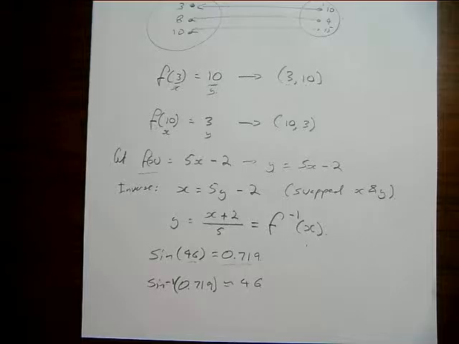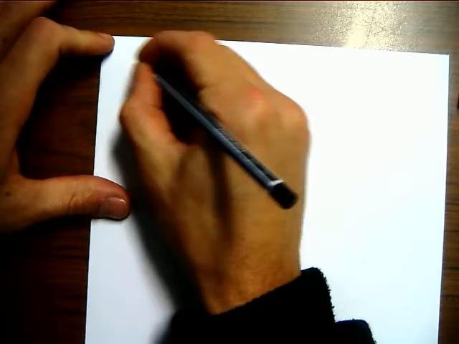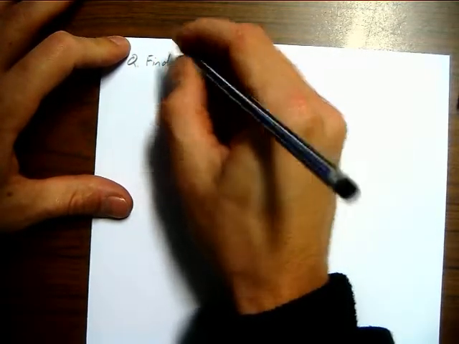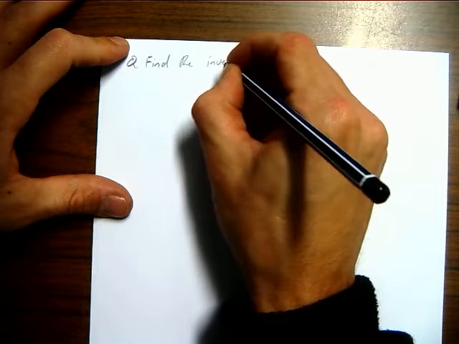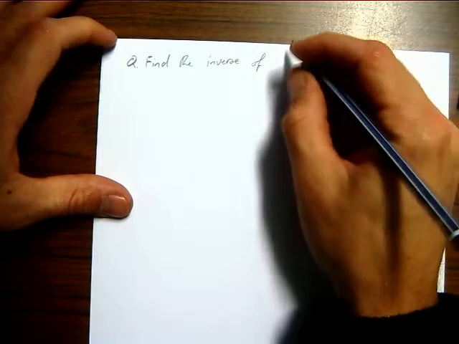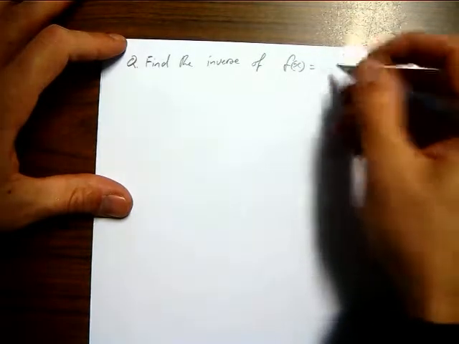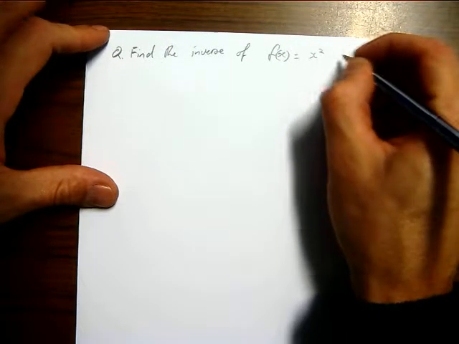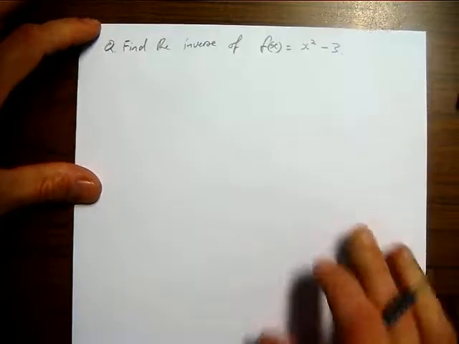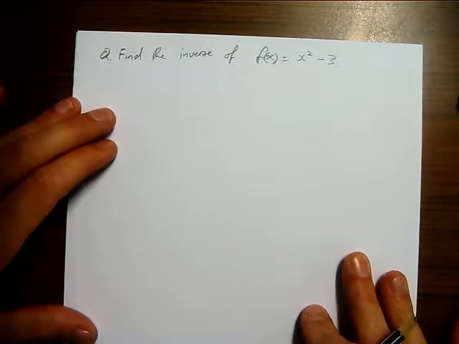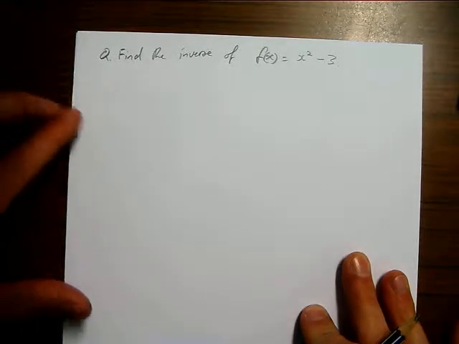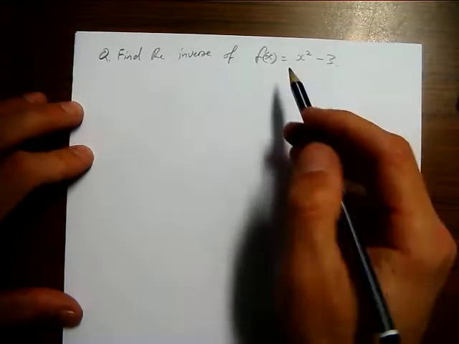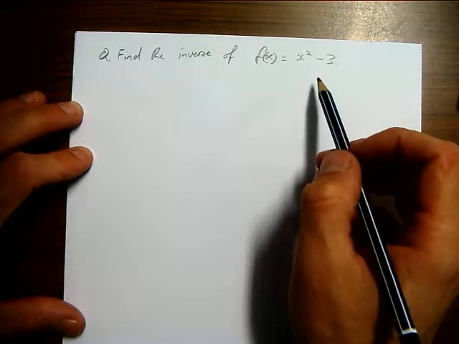I might do another example of this just quickly. I'll come back to that page if you missed those. Let's find the inverse of f of x equals x squared take 3.